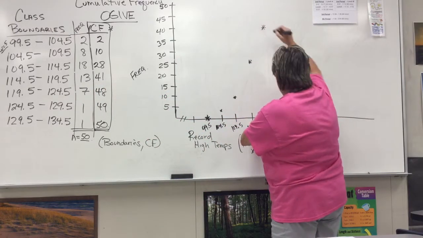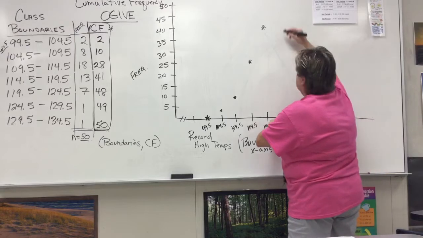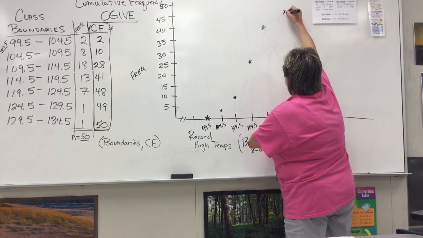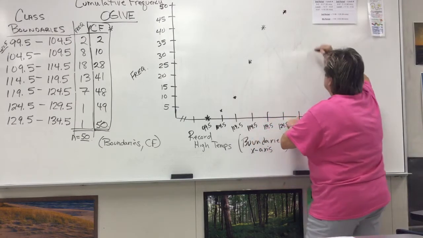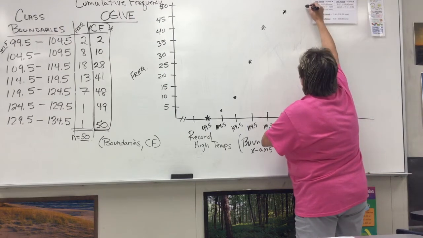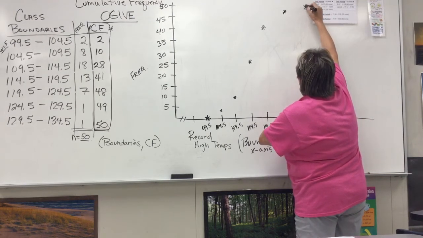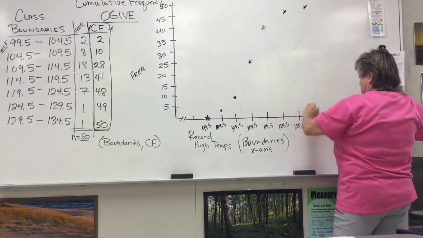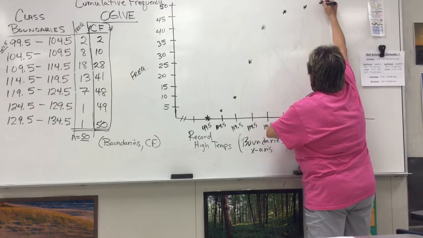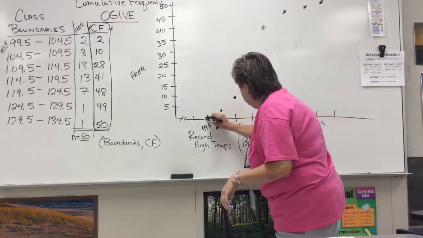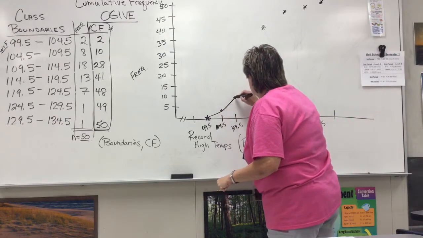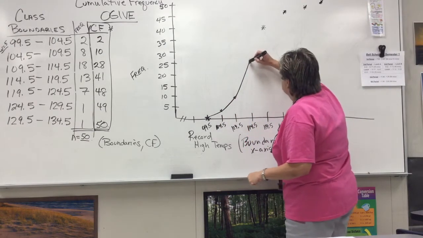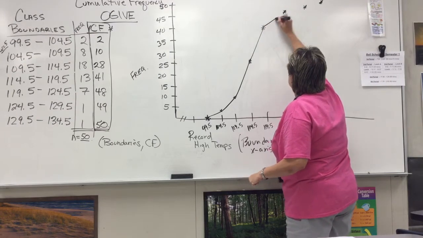At 124.5, we're at 48. Next up, 49, and our last entry is going to be up here at 50. Then from there you just connect your points, trying hard to keep straight segments so it doesn't look too curved.